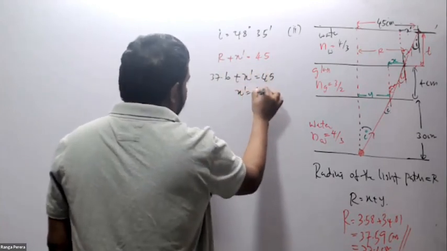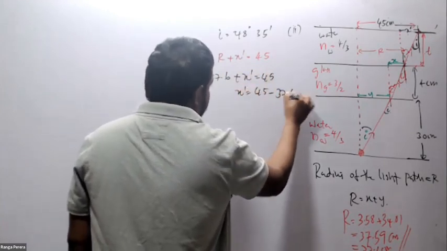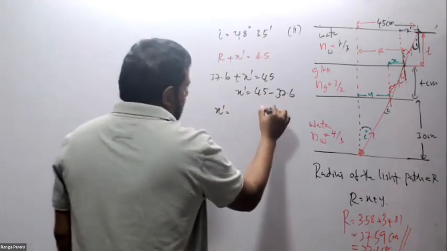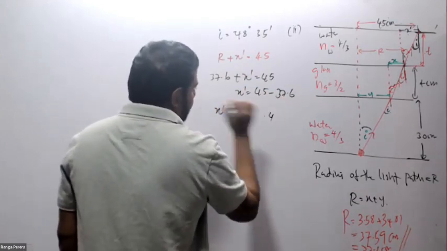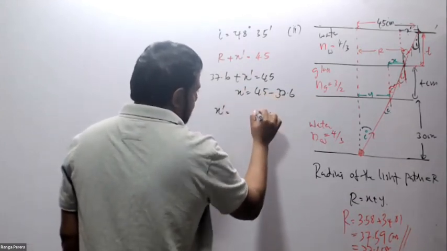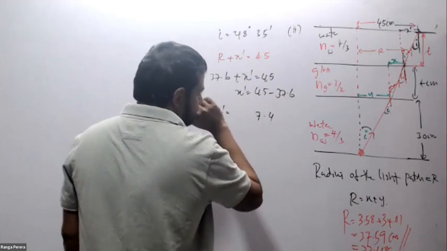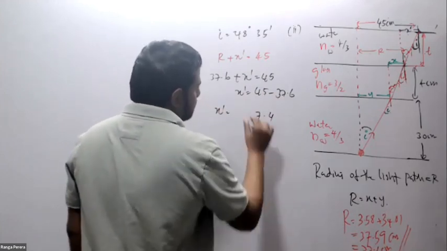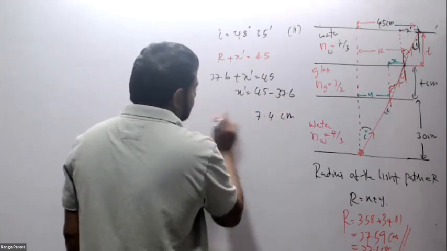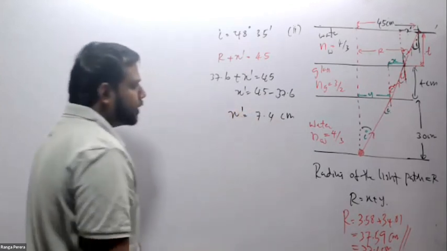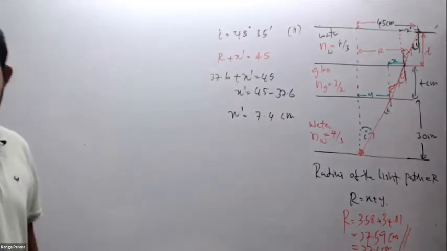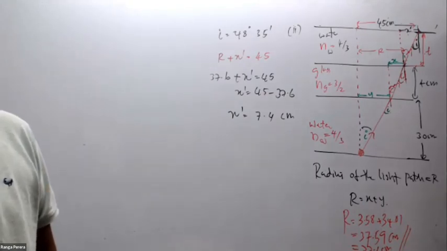So x dash equals 45 minus 37.6, which means 7.4 centimeter. x dash equals 7.4 centimeter.